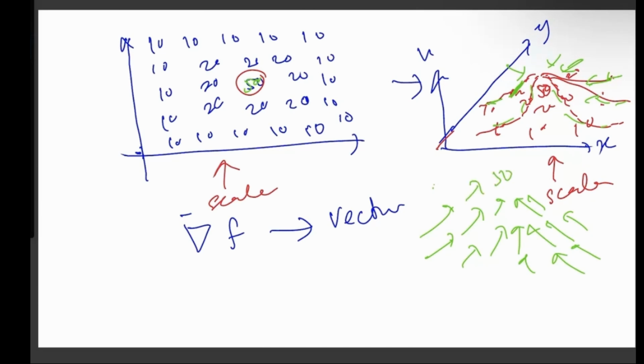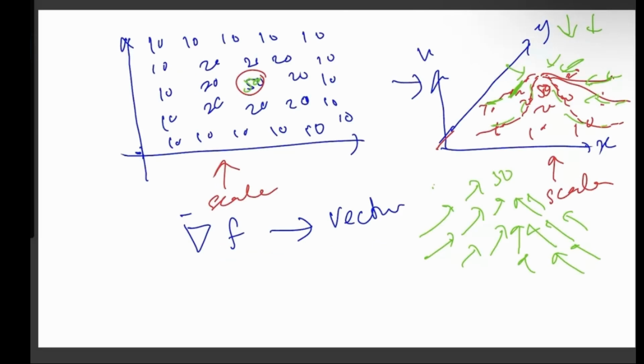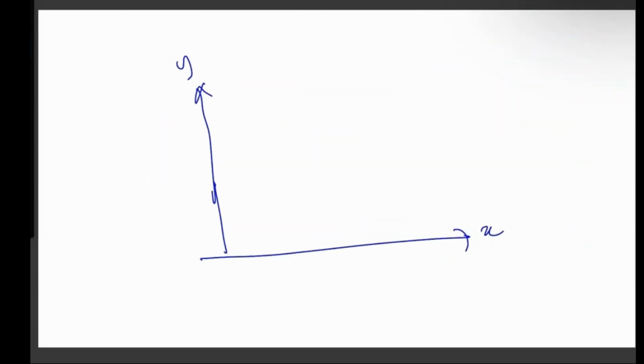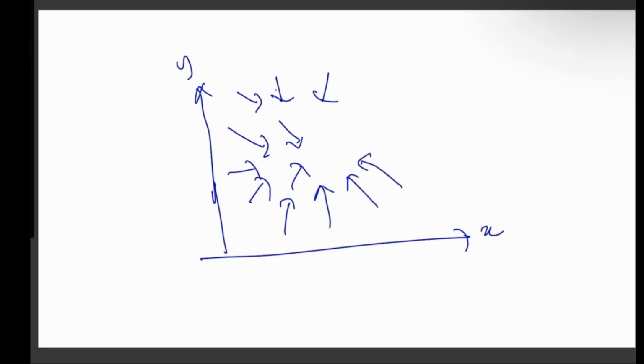So if we look from the top, x and y. Our eye is here, and what we can see is x, y, and the direction of the vector.